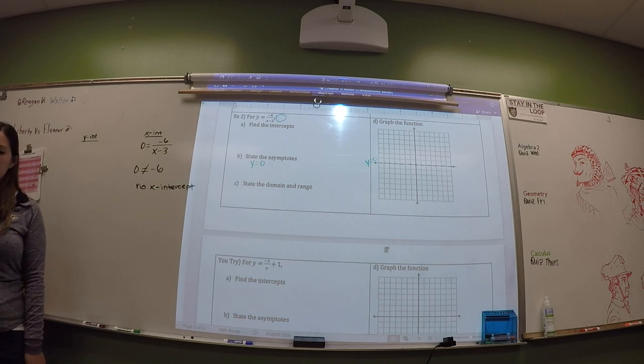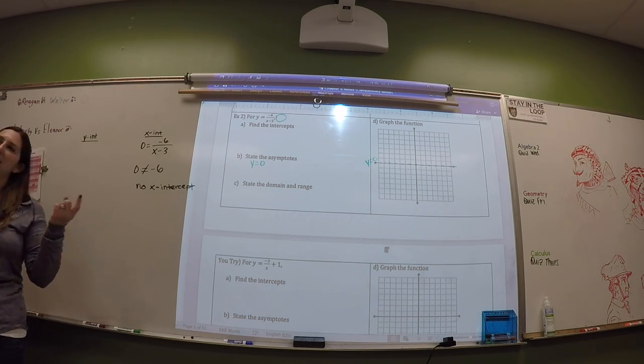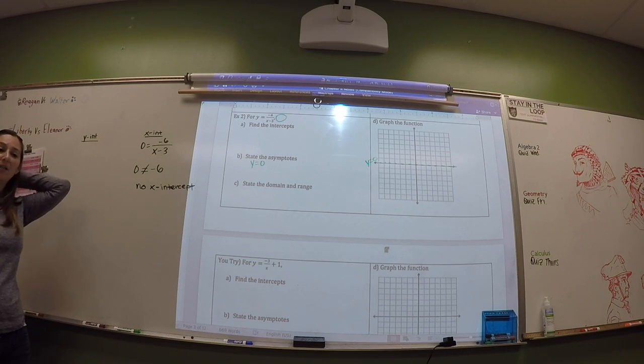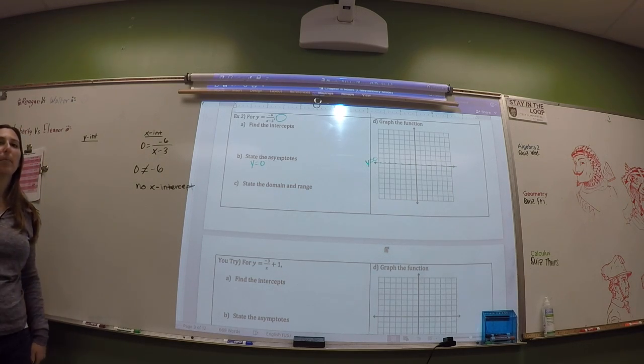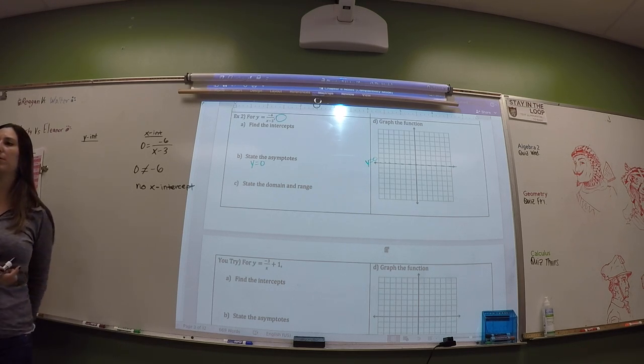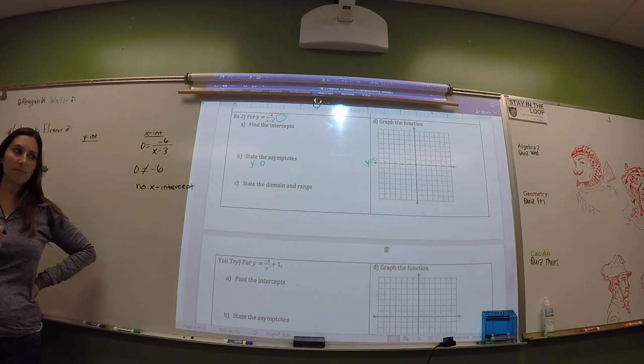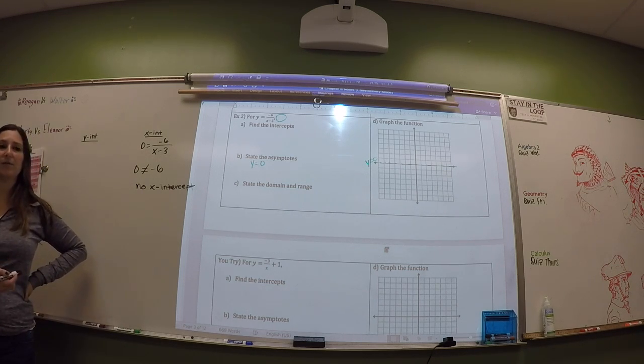In certain situations, in the next group of functions that we'll do, there are functions that will pass through a horizontal asymptote. But reciprocal functions don't go through the horizontal asymptote. Same with inverse. So inverse variation and reciprocal functions will never pass through their horizontal or vertical asymptotes.